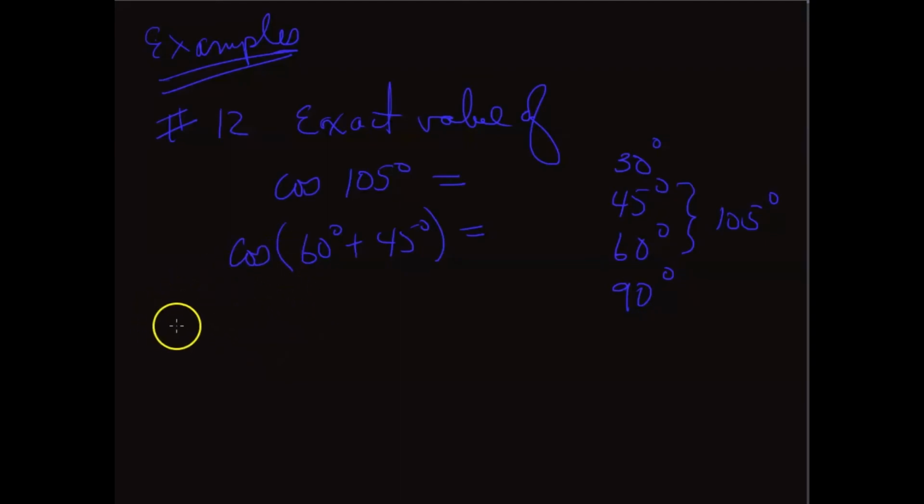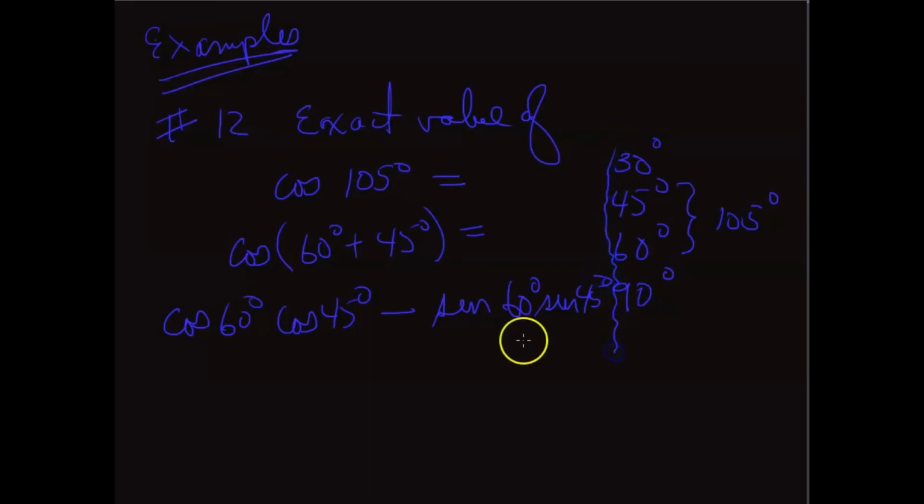So this is the cosine of the first, cosine of the second, minus the sine of the first, the sine of the second. So what is the cosine of 60? Oh, now we got to bring out that special thing again. Let's see here.